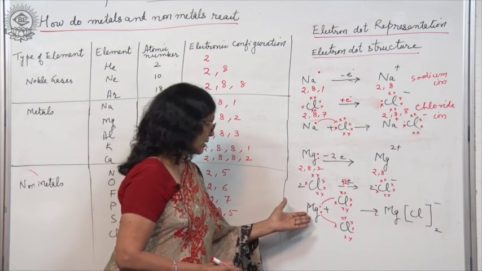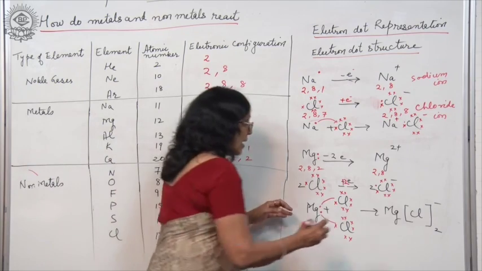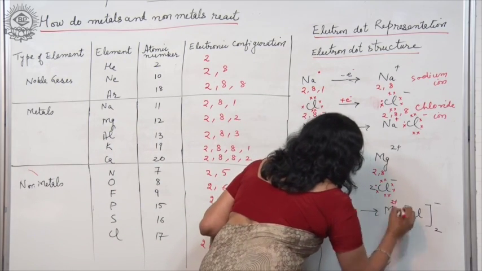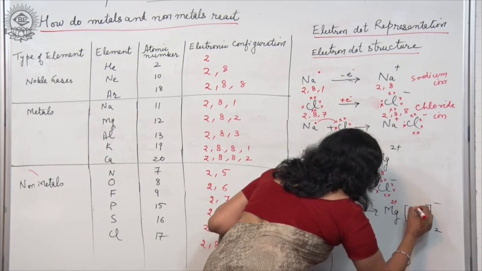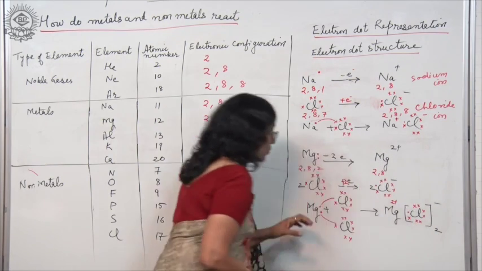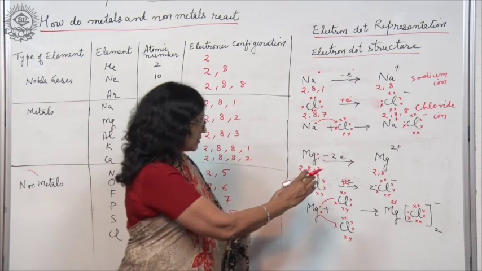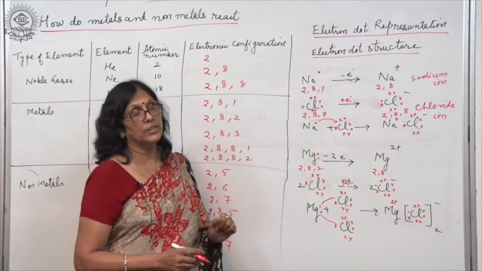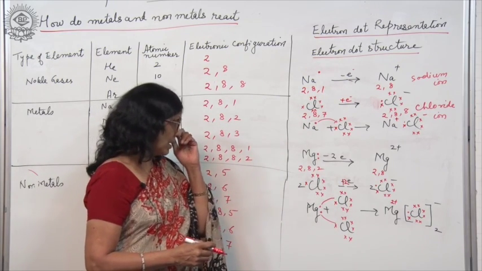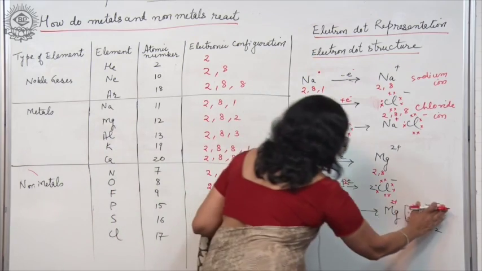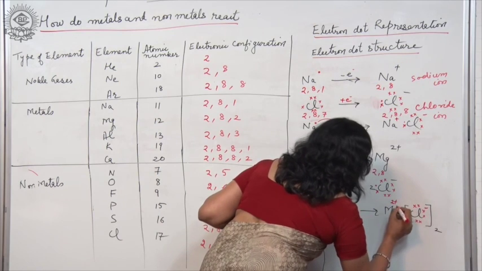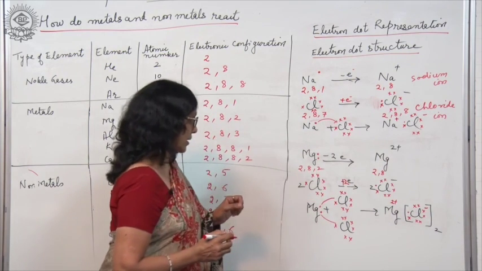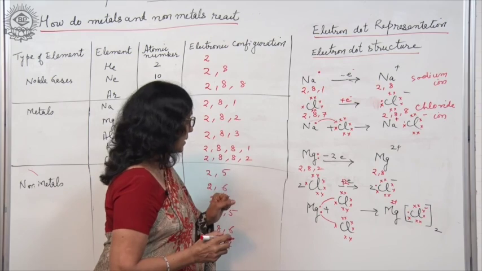So, magnesium forms a magnesium ion having a 2 plus charge, and 2 chloride ions are formed. So, these magnesium ions and chloride ions are held together by strong electrostatic forces of attraction. Now, there is a negative charge here and a 2 positive charge here, right.